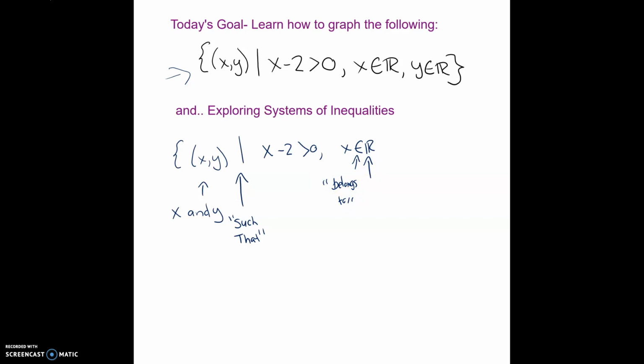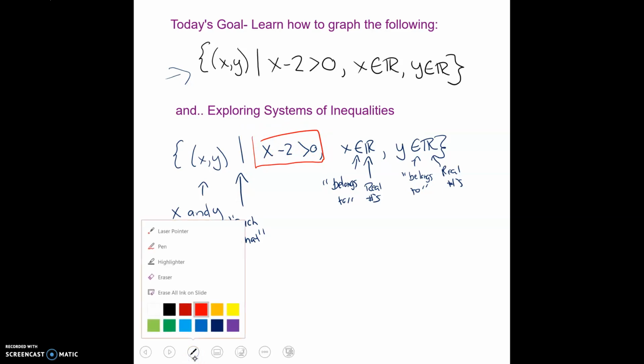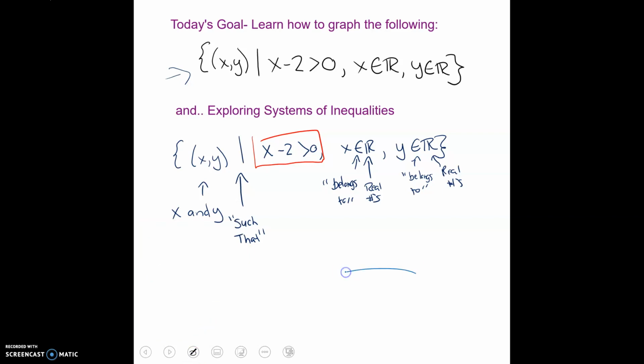So in this example, we're talking about the real numbers. And then lastly, it's also saying that y belongs to the real numbers. There we go. So this here is that linear inequality that we will graph, and the other information is just posted.